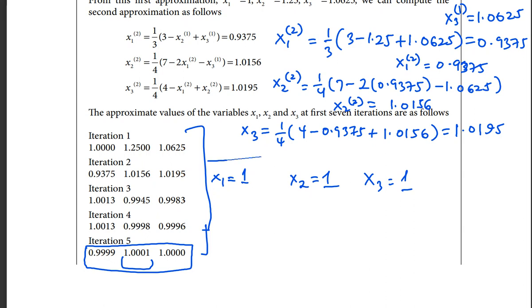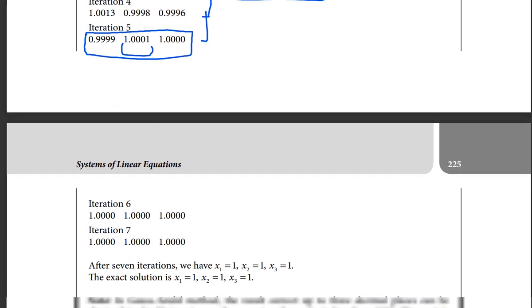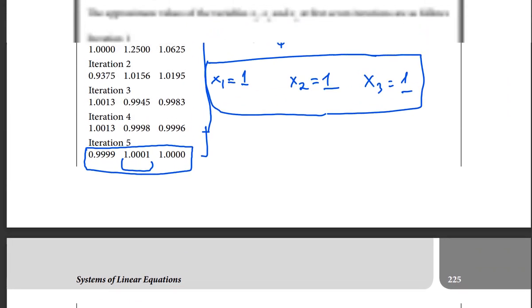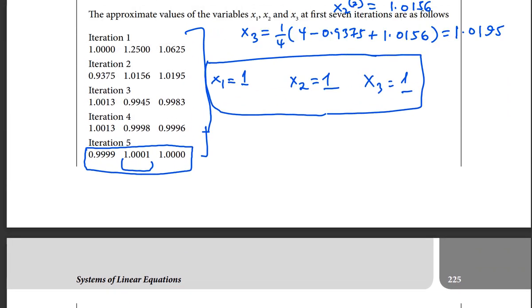So at the end, this will be the solution. Even if you continue to iterate, you continue to get 1 throughout. For the sixth iteration, you got 1 throughout, and the seventh also. So that tells us that x1 is equal to 1, x2 is equal to 1, and x3 is equal to 1.